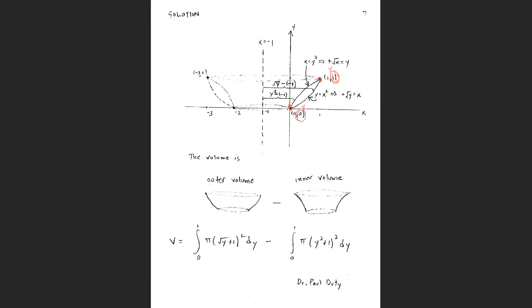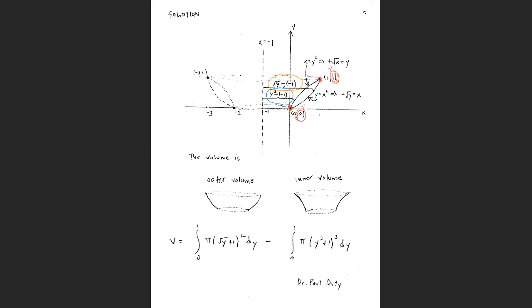The radius. So this here is your inner radius, and this here is your outer radius. So y squared minus -1 is your inner radius, and root y minus -1 is your outer radius.